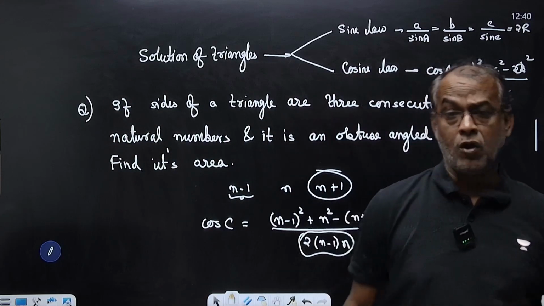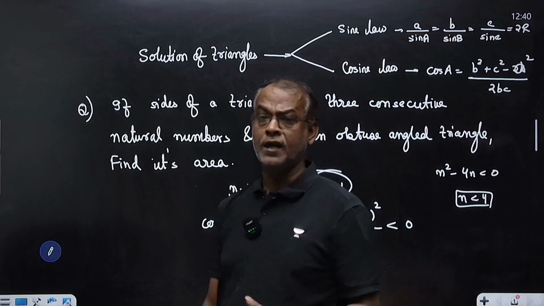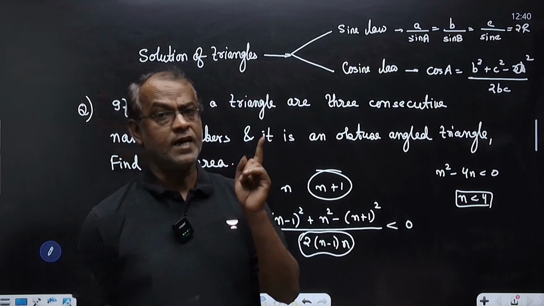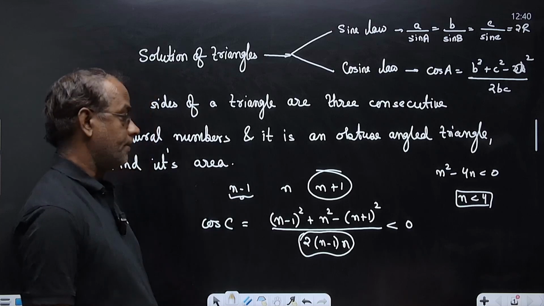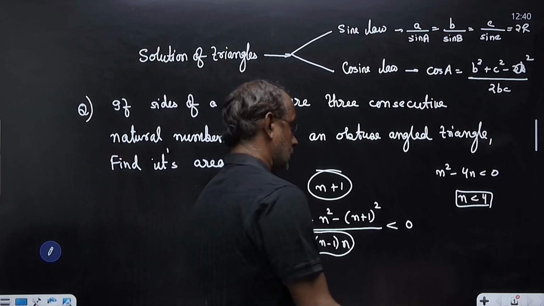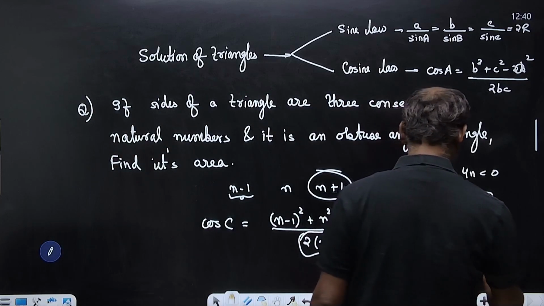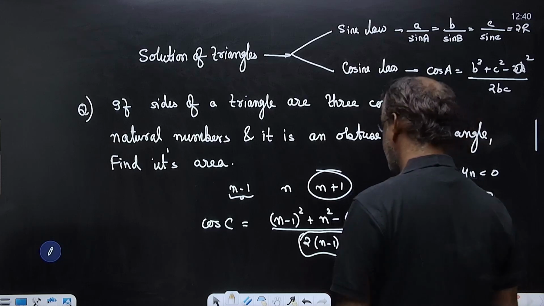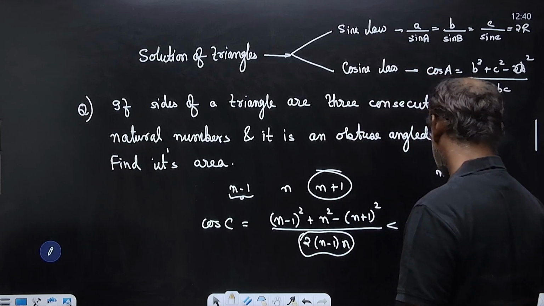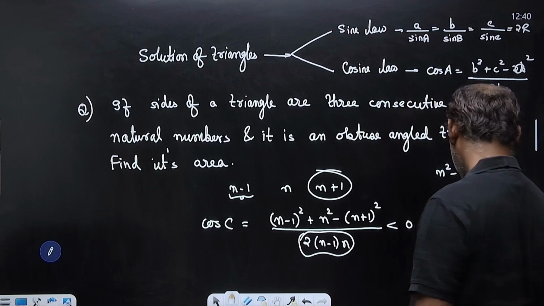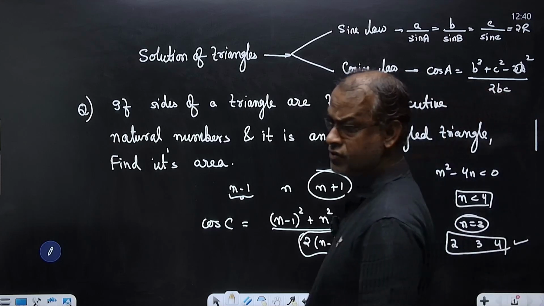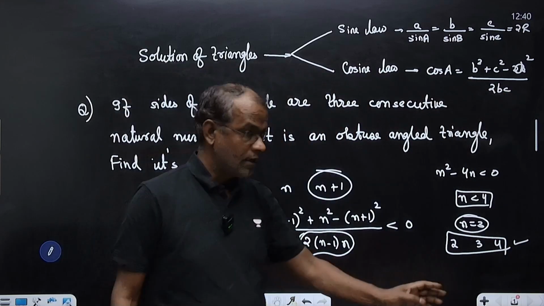And if you remember, long back we said if sides of a triangle are integers and one of its sides is 1, it has to be an isosceles triangle. So the only thing left is n is 3. If n is 3, the sides are 2, 3, 4. Area, I think, is now a very trivial conclusion, so I am not getting into it.